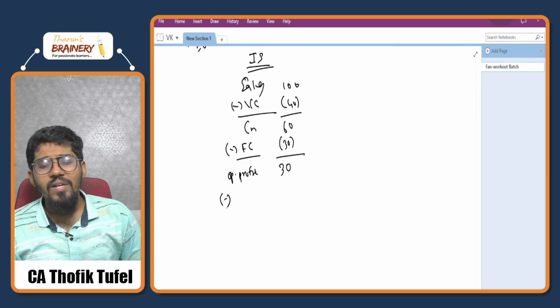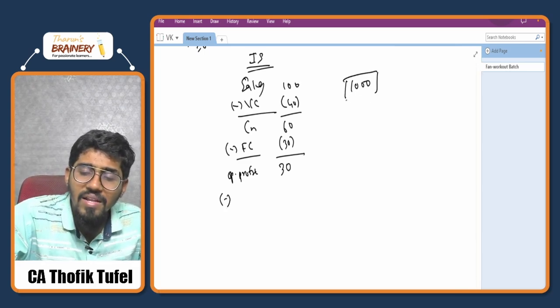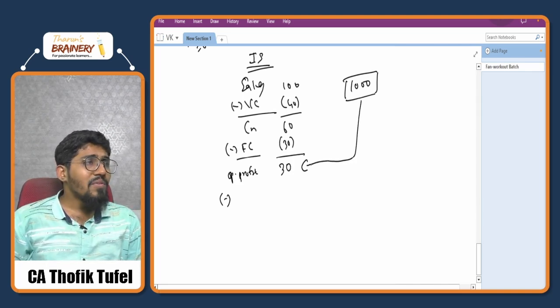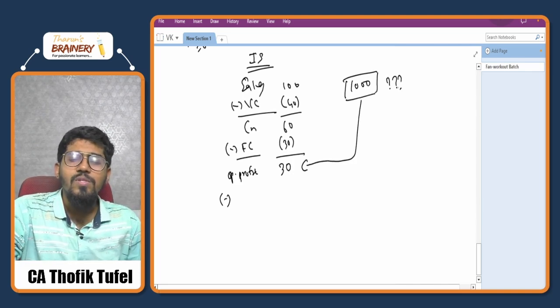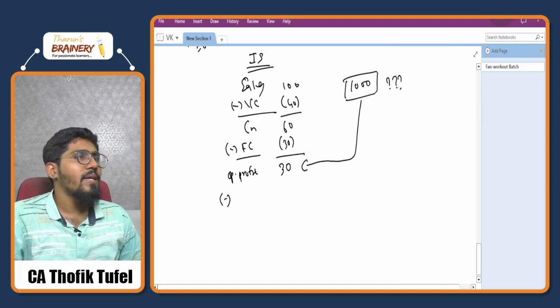Now this profit, say I would have earned after investing some 1,000 rupees. Now the next question is, who invested this 1,000 rupees? If you have invested this 1,000 rupees, the entire 30 rupees you pocket.